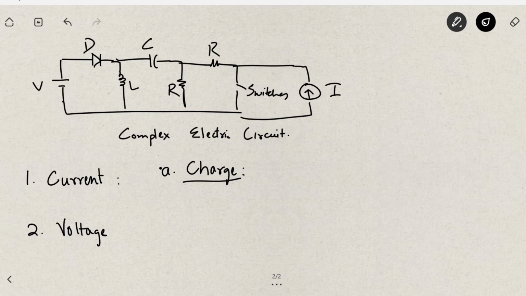So it's one of the fundamental properties of any element, and it is measured in terms of coulombs. Fundamental property of atoms, measured in coulombs.